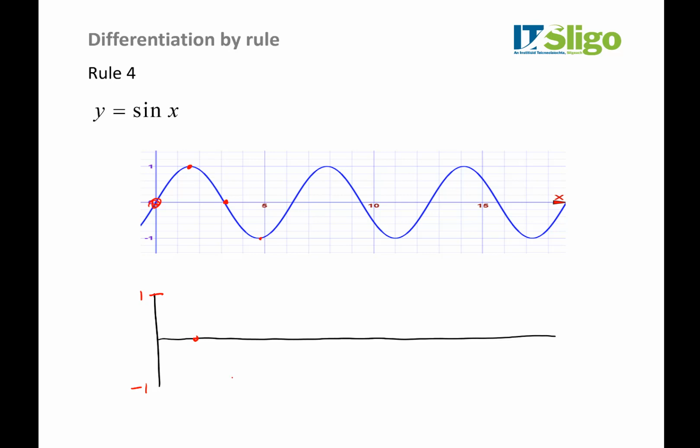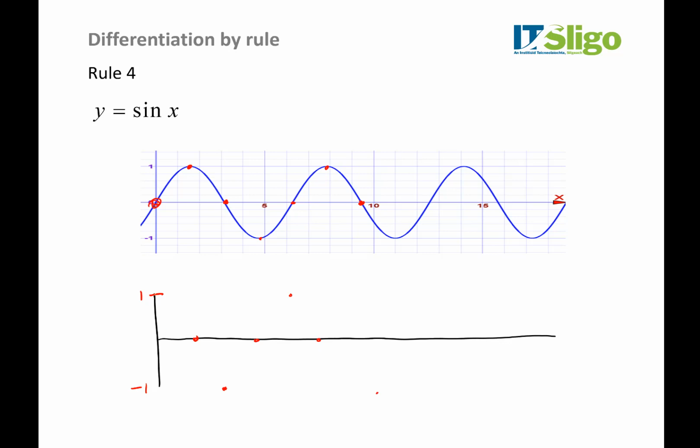Here, the slope is -1. Here, the slope is 0. Here, the slope is +1 again. Here, the slope is 0. The slope at that point is -1.